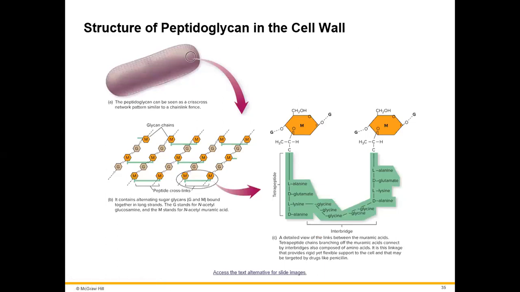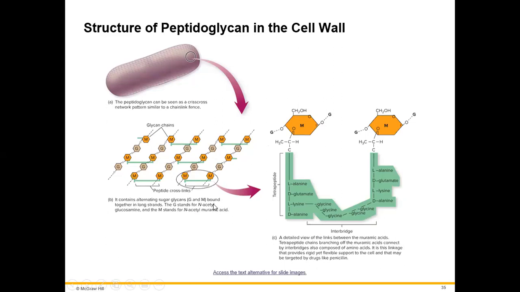The structure of the peptidoglycan in the cell wall. This just shows you it's just these two sugars: N-acetylglucosamine, which is G, and N-acetylmuramic acid. I think that's what it is, if I remember right. Yeah, muramic acid.